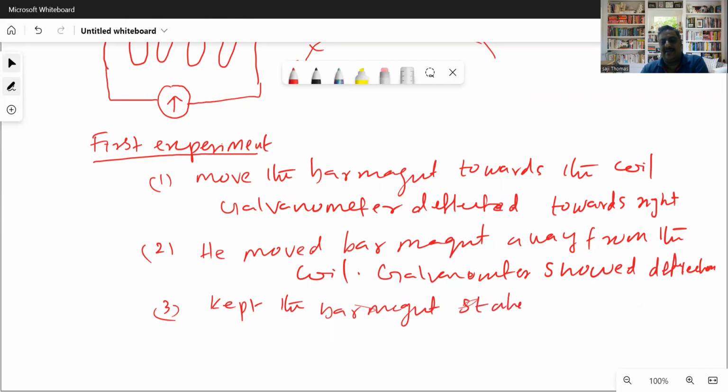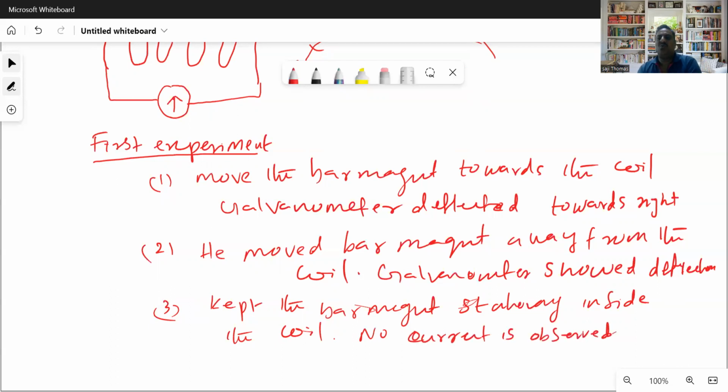No current is observed. So, to get a current in the coil, he has to do some movement. He has to move the bar magnet, or he can move the coil towards the bar magnet. There must be a relative motion.